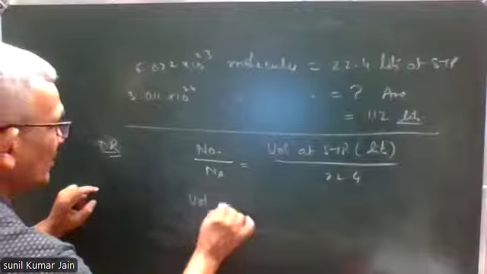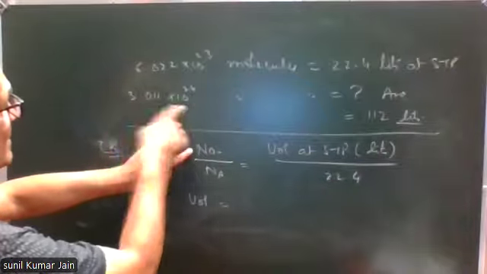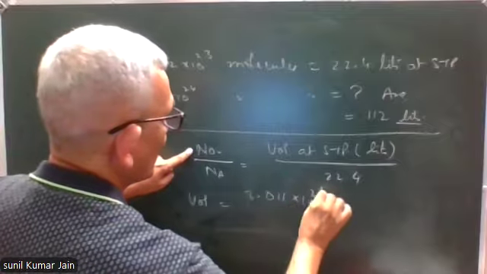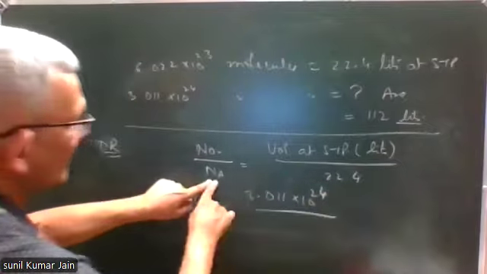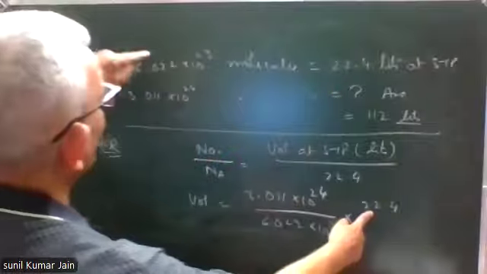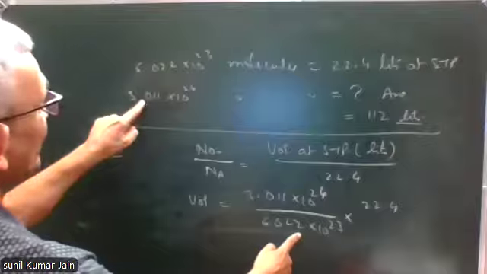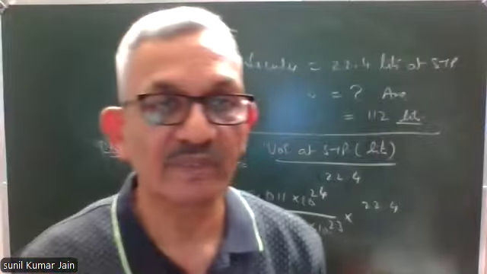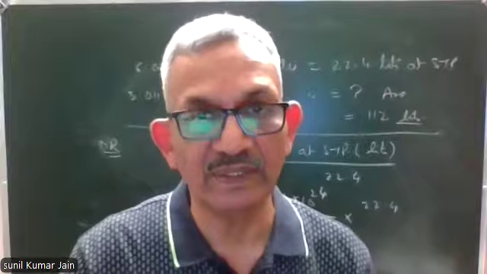So volume will be equal to number of particles divided by Avogadro's number, cross multiplied by 22.4. It will be the same. 22.4 divided by Avogadro's number multiplied by this number of particles in the numerator. It's up to you the way you want to use. Right? So that was about molar volume, and we tried two numericals as well.